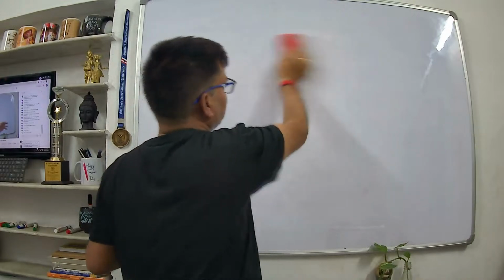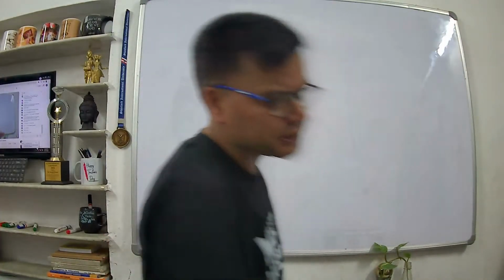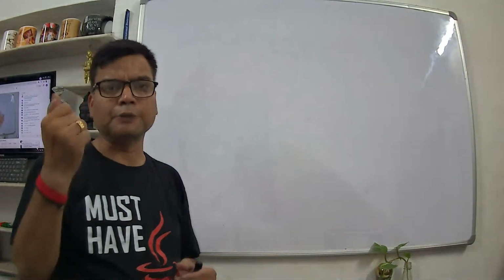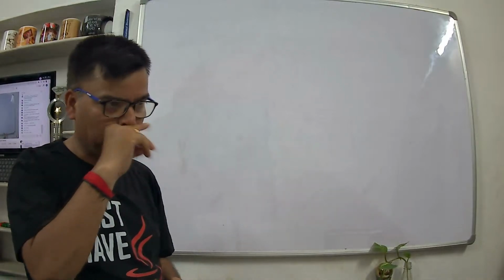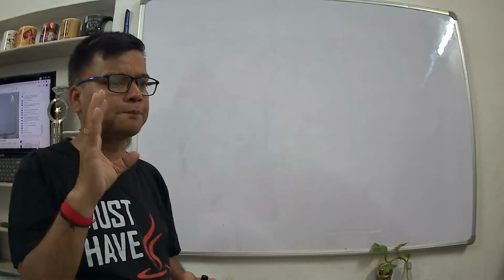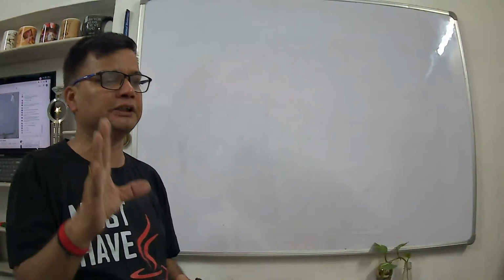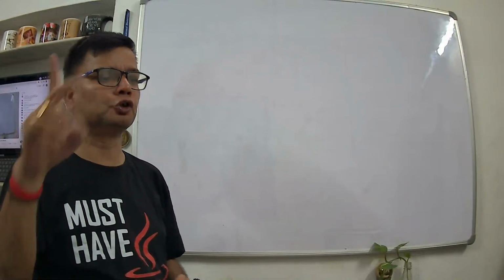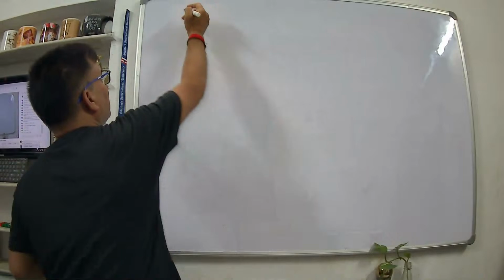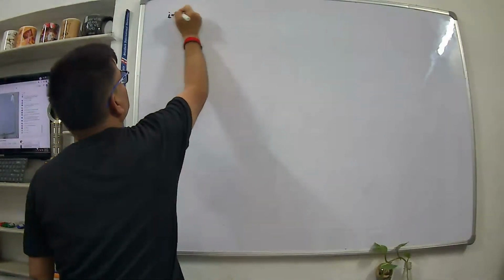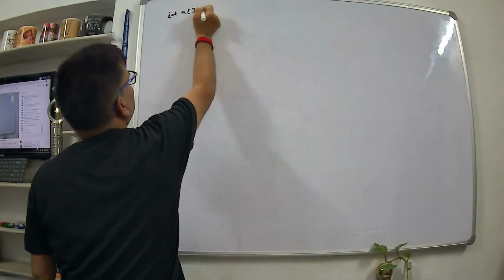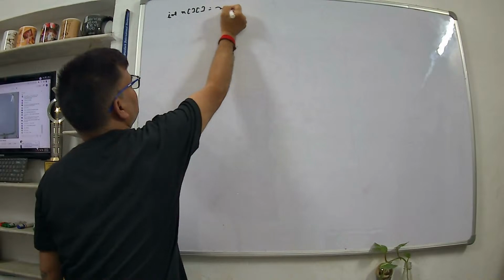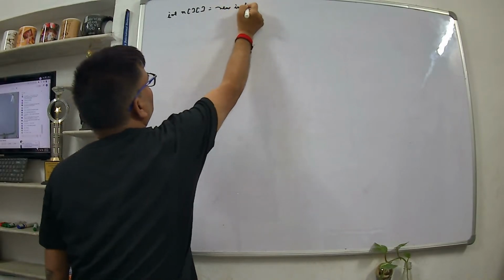A simple question I take: write a program to input numbers in a 4 by 4 array and display the sum of each row. Now, to define the array, I'll use int n[][] is equal to new int[4][4].